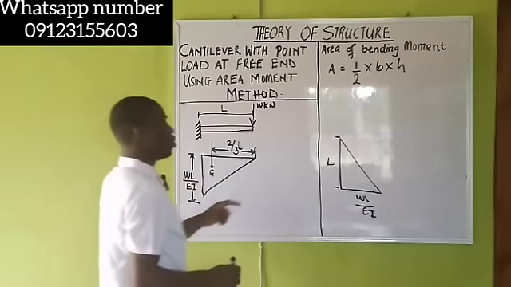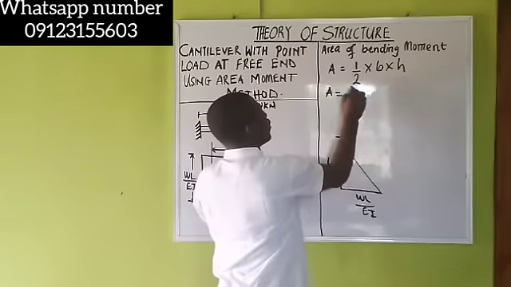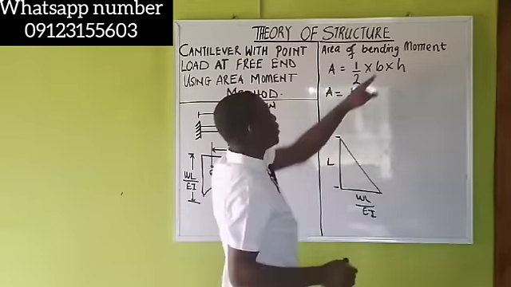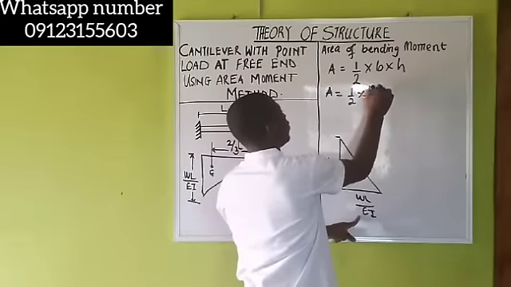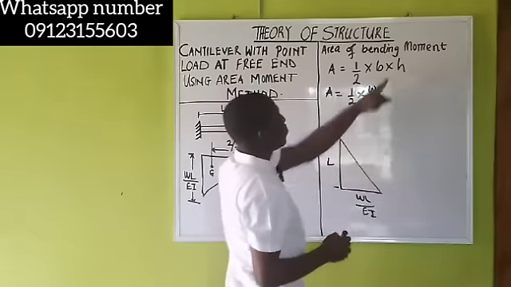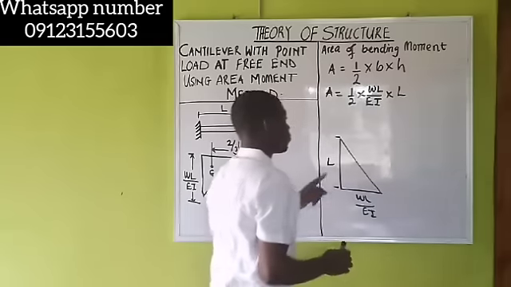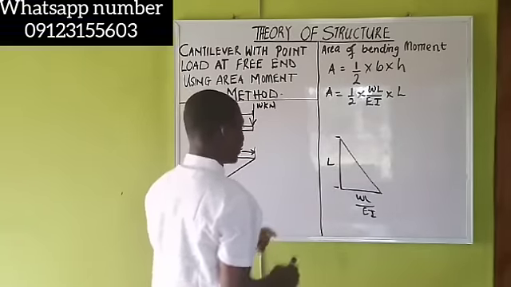So take note of this. So the area of bending becomes 1 over 2 times my base, which is what, please? WL over EI. Multiply by my height, which is L. So that is my area of bending moment at this point.